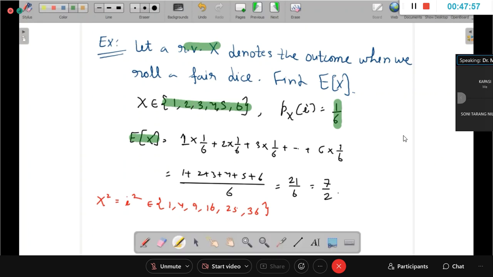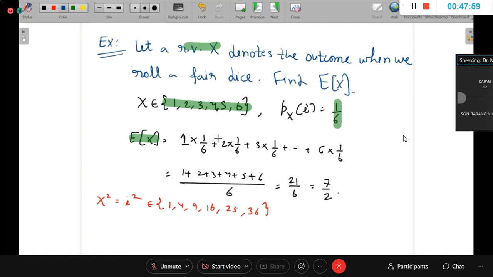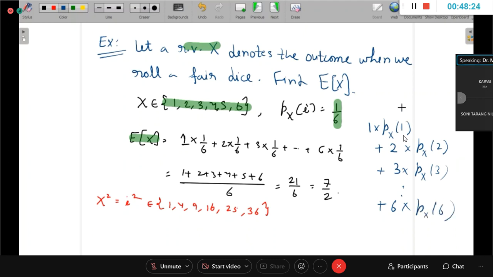If I interpret this, X takes the value 1 with probability P_X of 1, plus 2 into the probability of occurrence of 2, plus 3 into P_X of 3, and so on, plus 6 into P_X of 6.